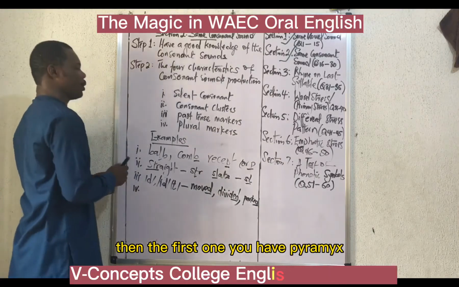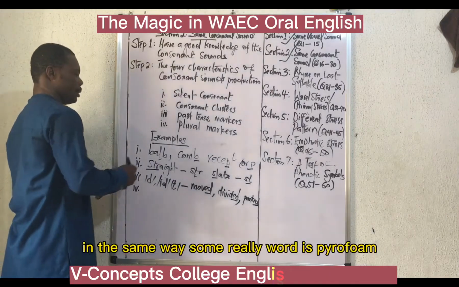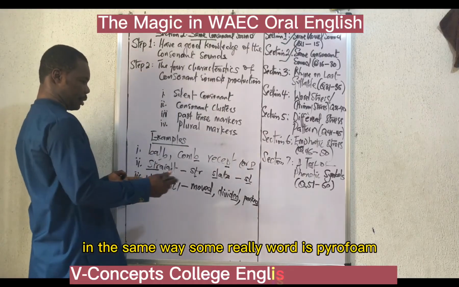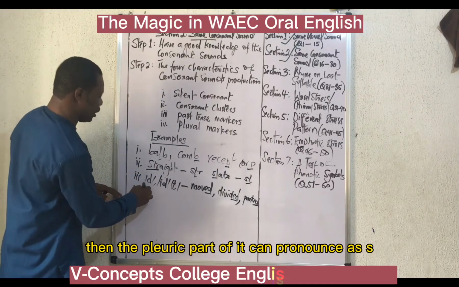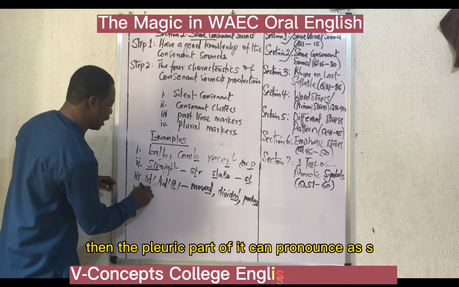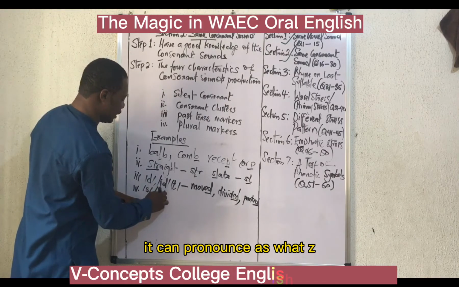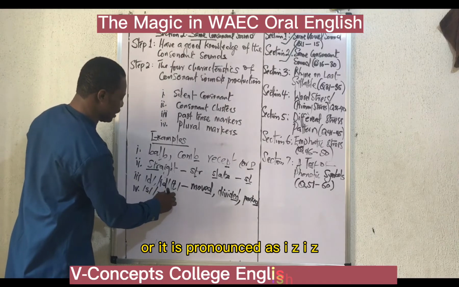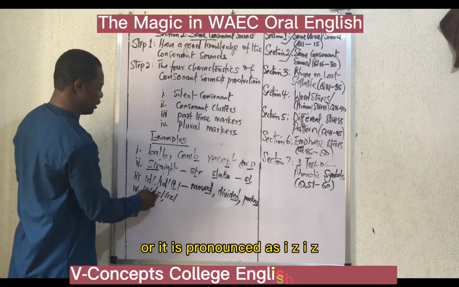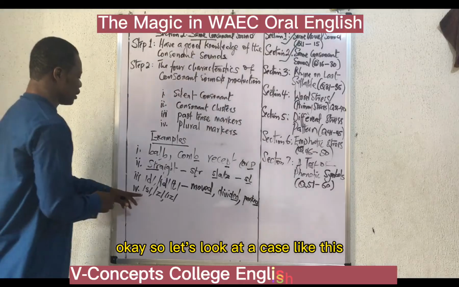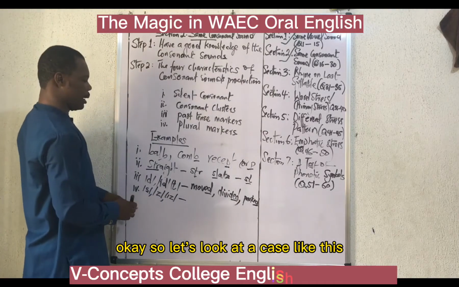Then the fourth one, you have plural markers. In the same way, if a word is in its plural form, then the plural part of it can be pronounced as S, Z, or IZ. So let's look at a case like this.